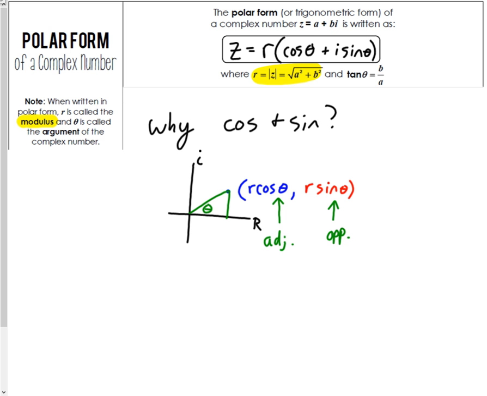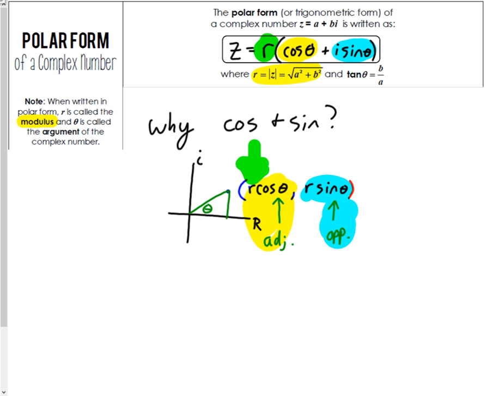So when you're looking at this cosine, keep in mind that is our real values on the complex plane, so it does not get an i. The sine, well, that's our imaginary values on the complex plane, our vertical ones, so it does get the i in that polar form.